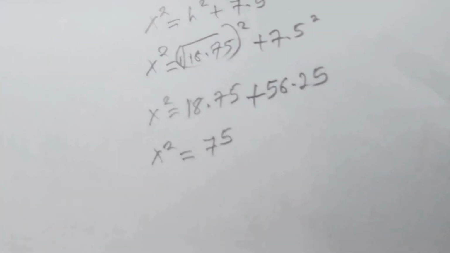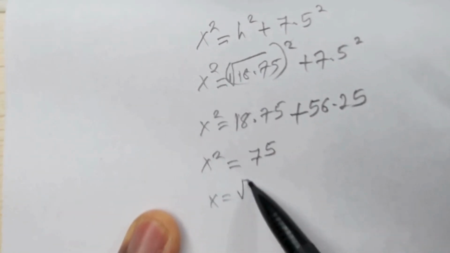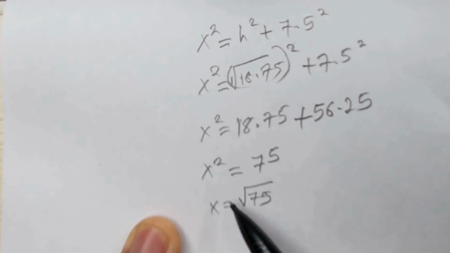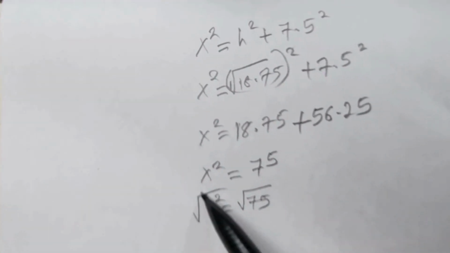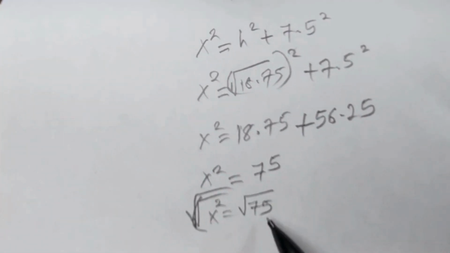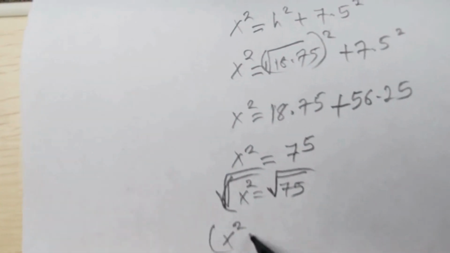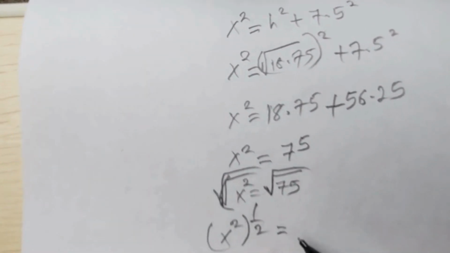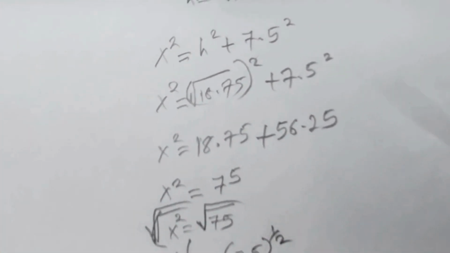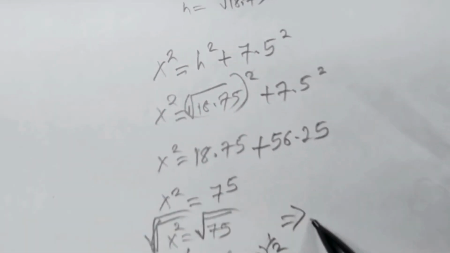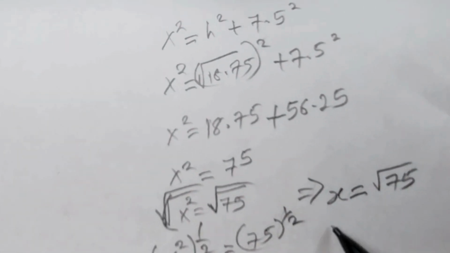Now we need to find the value of x. So x now is equal to the square root of 75. Let's put it this way: the square root of x squared and the square root of 75. So this becomes x squared raised to the power half, 75 raised to the power half, which is also equal to root 75.